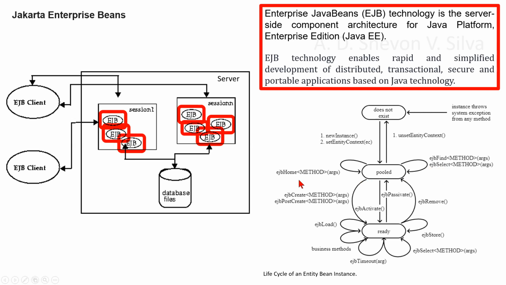An ejbSelect method may be called by an entity bean's home method while the instance is in the pooled state, and the instance transitions from the pooled state to the ready state when the container selects that instance to service a client call to an entity object or an ejbTimeout method.